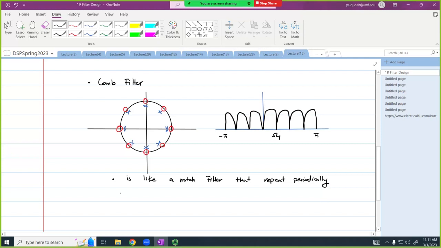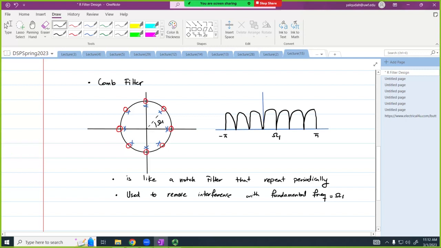And we can use it to remove interference with fundamental frequency that is equal to omega 1. Assuming this is omega 1.